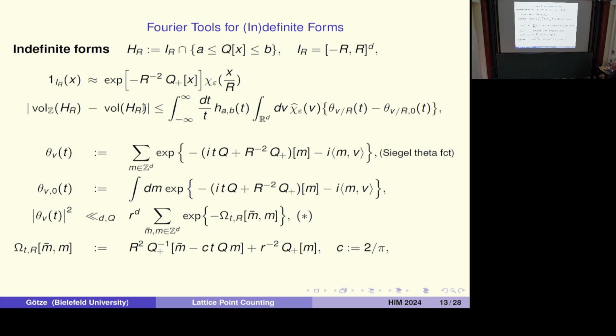I don't know when we have time to, so already spent half an hour. So this one here is a simple argument which is used sometimes in analytic number theory.